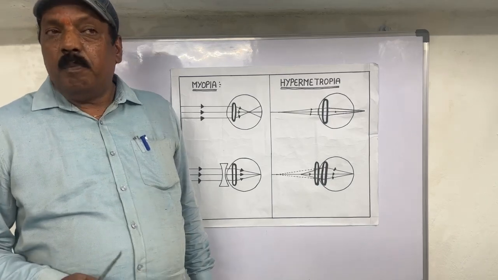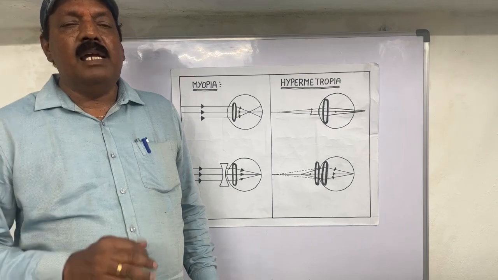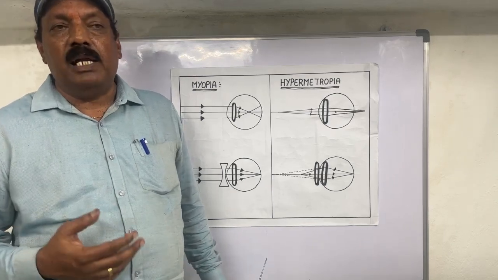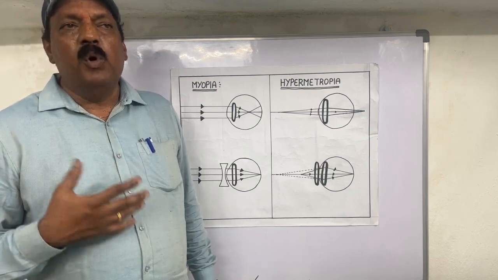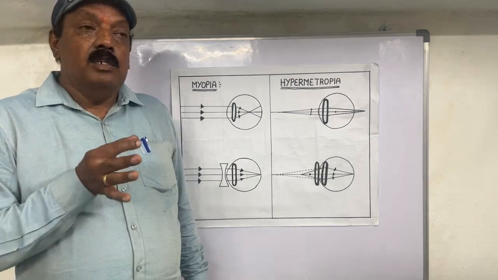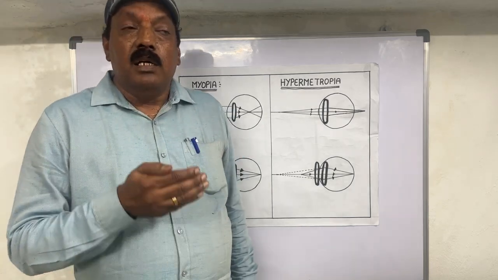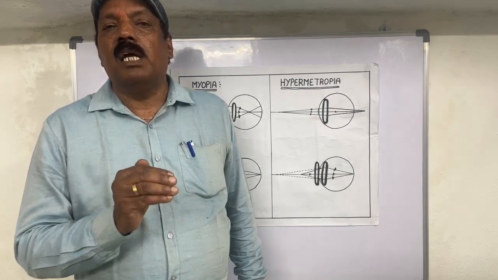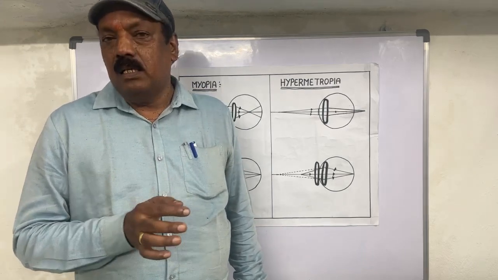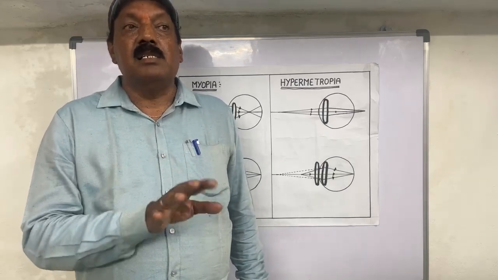Some blurred vision he is going to face on both occasions. And for correcting it, we have to use a spectacle which is made up of both concave and convex lenses. The combined name of this concave and convex lens is called bifocal lens. So the correction of presbyopia we call bifocal lens.